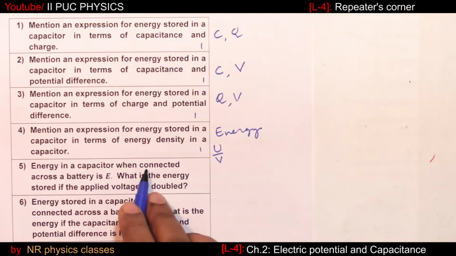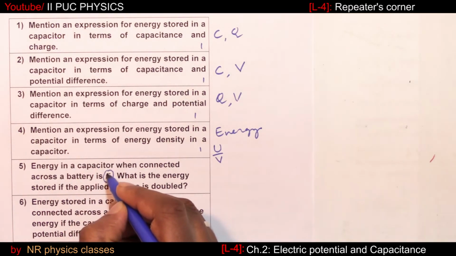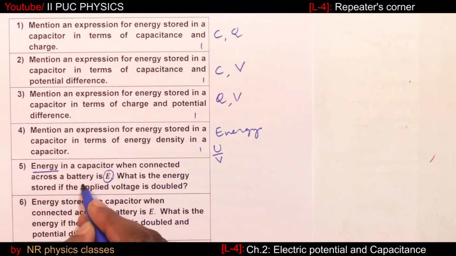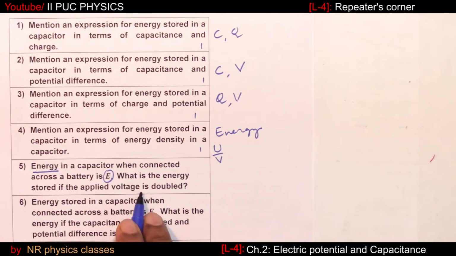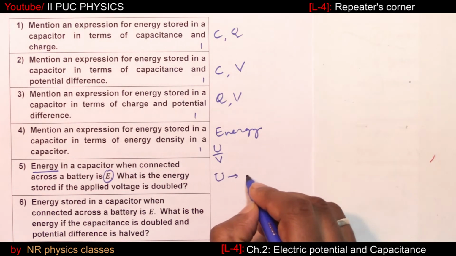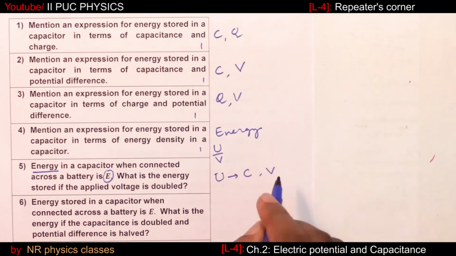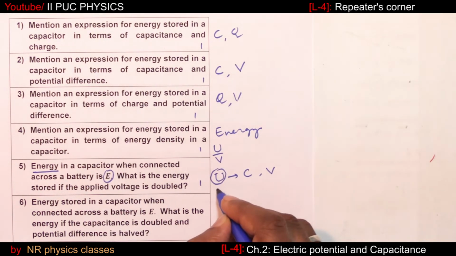Energy in a capacitor when connected across a battery is E. E is not electric field. E is energy. It is clearly mentioned. What is the energy if applied voltage is doubled? You have to consider the expression for energy in terms of capacitance and potential difference, and based on this, you have to decide. 1 mark. So instead of U, they have mentioned E. E stands for energy.